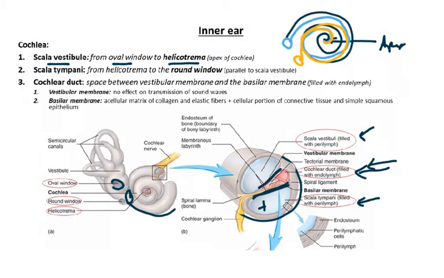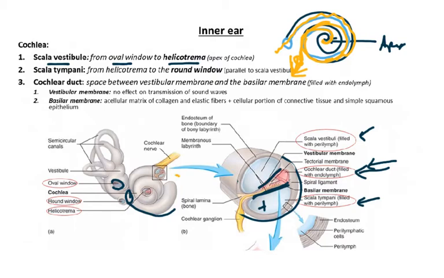It first causes vibrations in the fluids within the scala vestibuli that go all the way through until you get to the apex. Then those vibrations continue in the scala tympani, which goes all the way back through and pushes out of the round window. This round window has to also be flexible so that those sound waves can push out instead of reverberating back inside the ear.